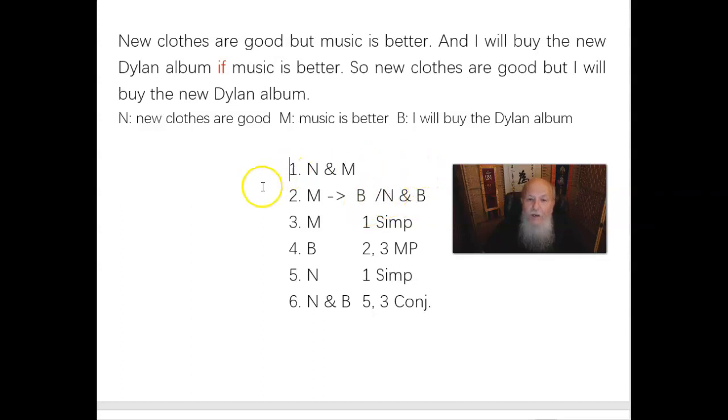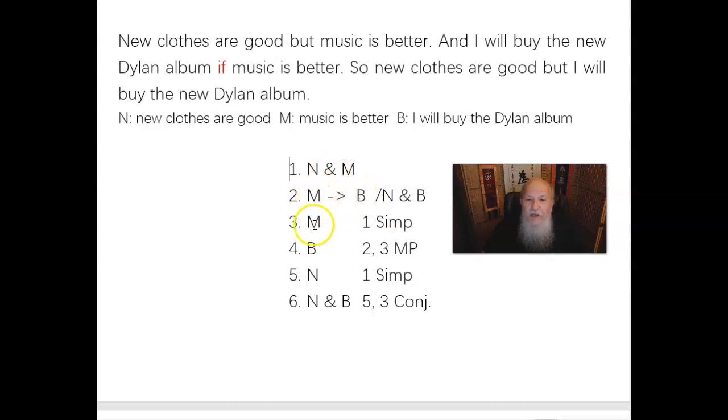Okay? And if I go looking at this, I can see if I had an N by itself and a B by itself, that I could get N and B and join them together with our new rule. And I see I have an N right there, and an M. And I see I have a B here.